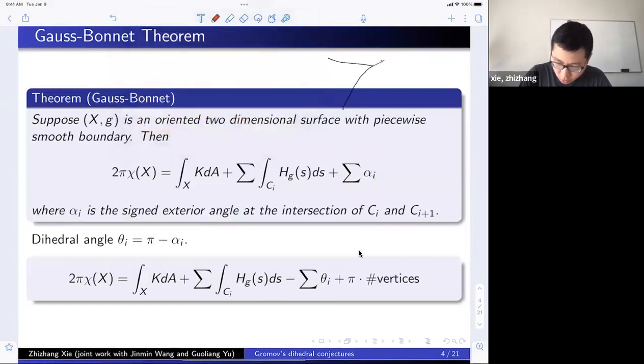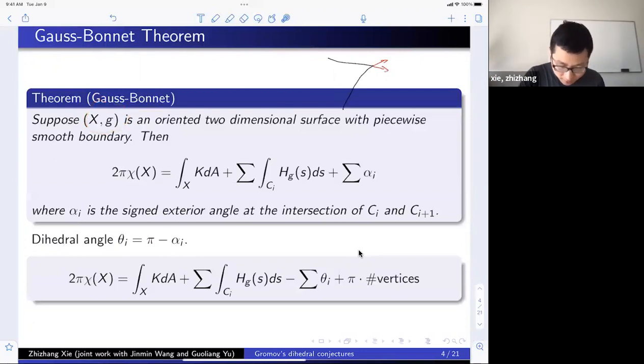So it just means the tangent vector of this curve and where it meets the other curve, and then the two tangent vectors of these two curves, there's a turning angle. And this turning angle has a sign, depending on whether this orientation is compatible with the orientation assigned on X, or is the opposite, then you have a sign.